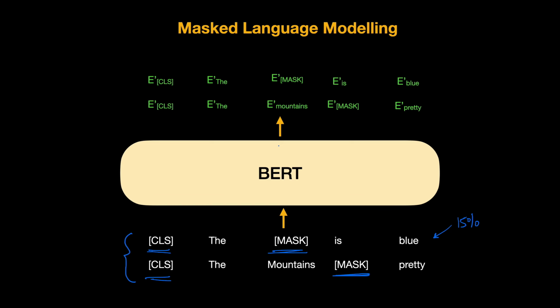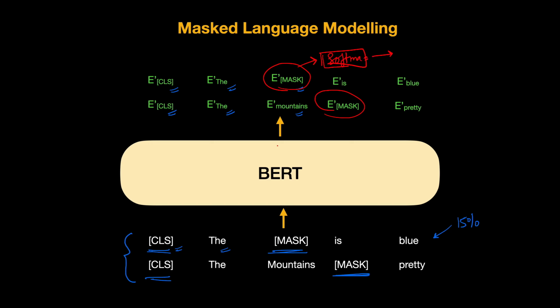As we have passed 2 sentences and a word embedding for each of the words in the sentence, the output from BERT is going to be of the same size as the input. We will get a new contextualized representation for every single word in our batch. Now we only use the contextualized vectors for the mask token and pass them to a linear and softmax operation.